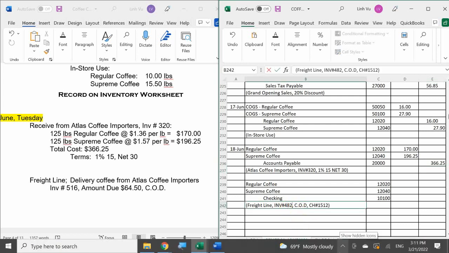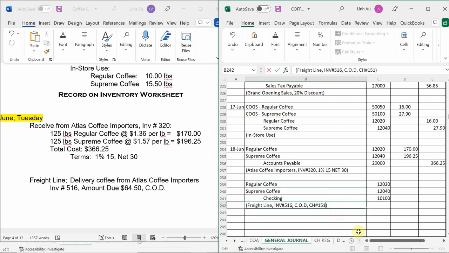Invoice number 516. COD, but this time this was for $64.50. So in this case, my check number is also going to change because I need to cut a check. Do I have any cash on hand right now? No. No. So in this case, let's go ahead and write a check.